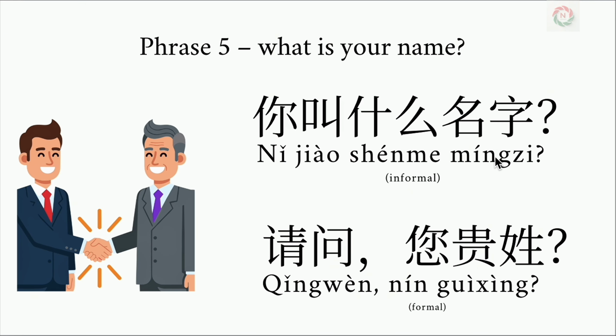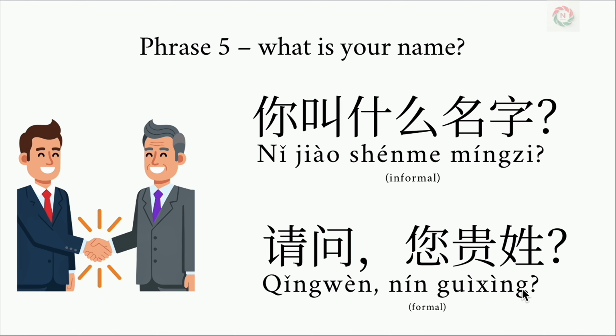For the formal way of saying this, you say 请问. 请问 is if I may ask. This is very polite. Anytime you want to ask a question, start with 请问, if I may ask. 您贵姓? 请问您贵姓?